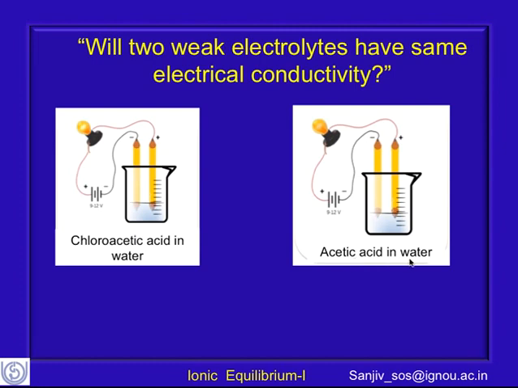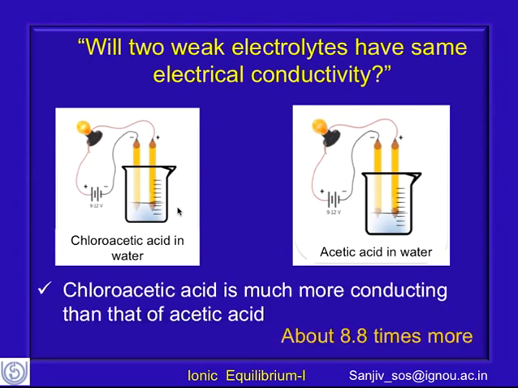Now, what do we find? Again, we do the same thing as we have been doing all these times. That means we set up the mechanism to see whether they are conducting or not, and if conducting, to what extent. What you find is that with chloroacetic acid, the bulb is glowing much more than in the case of acetic acid. So chloroacetic acid is much more conducting.